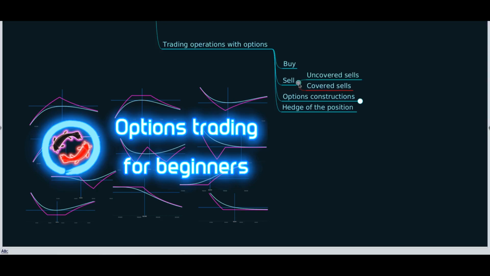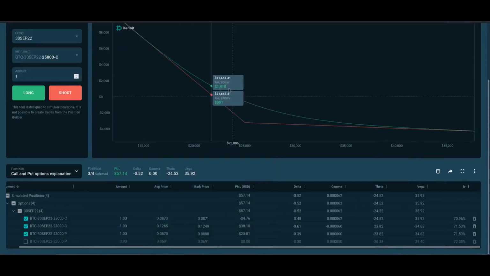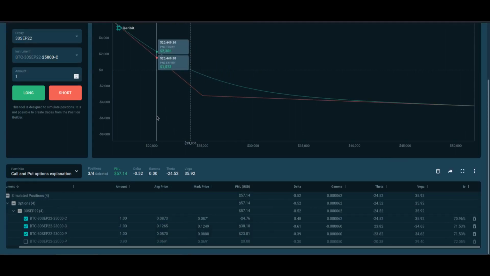Let's take a look at selling options. We have uncovered sells and covered sells. So let's take a look at what uncovered sales are. Inside the options traders community there is a saying that you can sell your country, your mother, but not uncovered options.